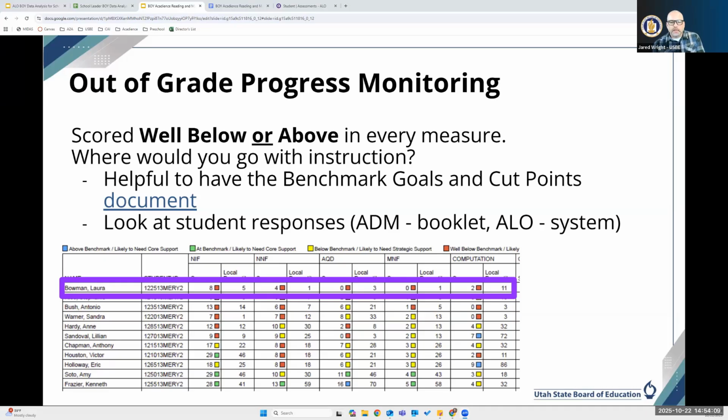So in this case, this is a first grade student. The one measure that this student hasn't had in first grade would be beginning quantity discrimination. So going back to kindergarten level and administering that to see where the student is successful and then building from there.